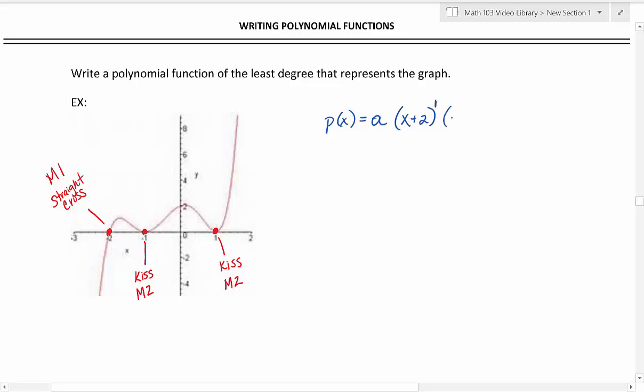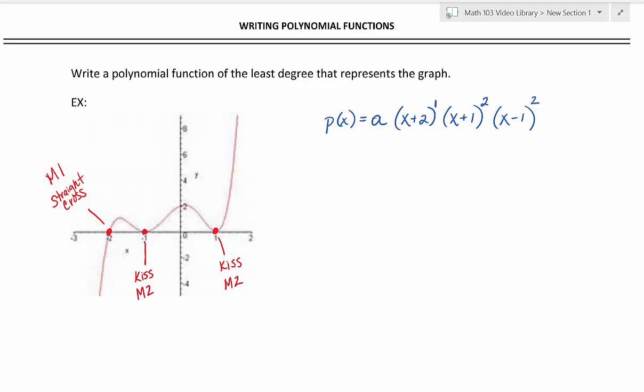The corresponding factor is going to be x plus 1, and it has a multiplicity of 2 on it. Then our third zero at +1 gives us a factor of x minus 1, and it also has multiplicity 2. Great.